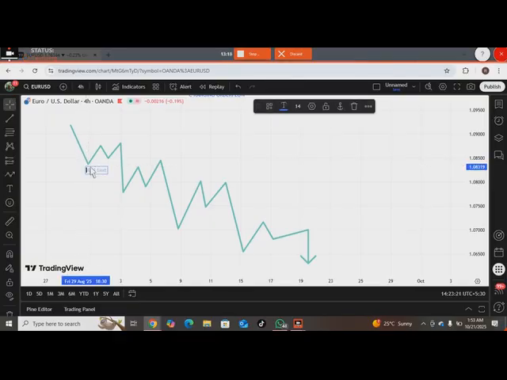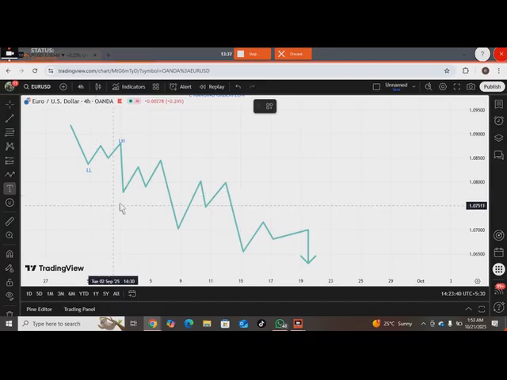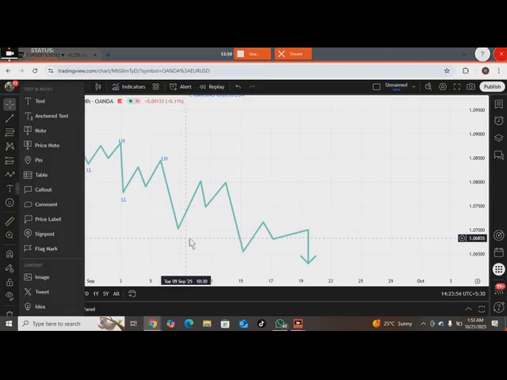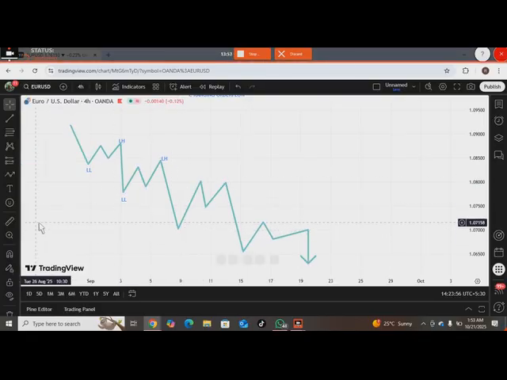Because it creates a series of lower lows here. This is a low, and this is a lower high. This is a lower high. This is a low, but also this is a lower high.